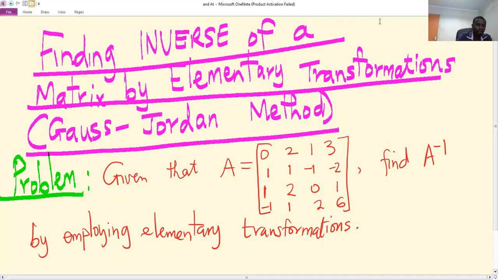Welcome to this session. This session will solve a problem on how to determine the inverse of a matrix by elementary operations or elementary transformations. So please write the problem.